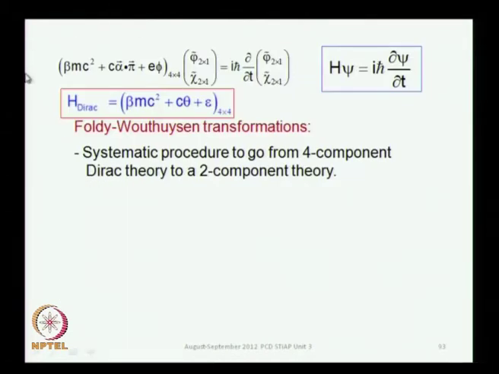So this is actually a systematic way of going from a 4-component theory to a 2-component theory. It does a lot.